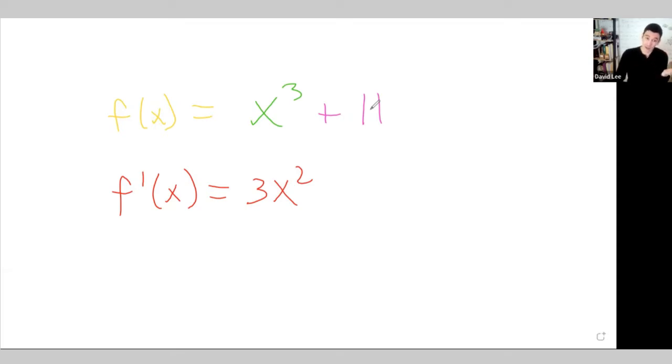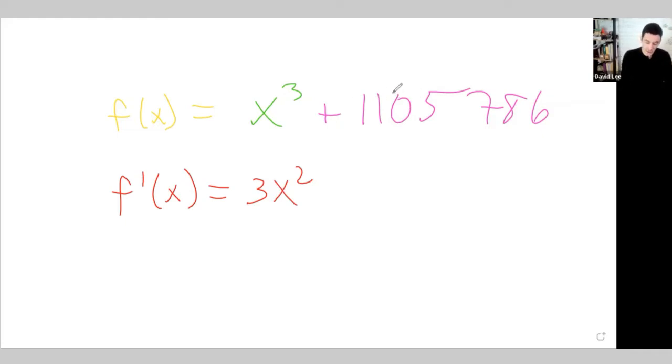And so that's appropriate because there's technically a plus 0 right here, right? So this would actually be fine. But what if instead of 11, I put 110 or 1,105 or whatever number this is, right? See, all of these are acceptable because this is a constant and its derivative would vanish.